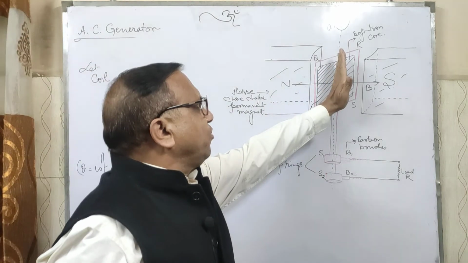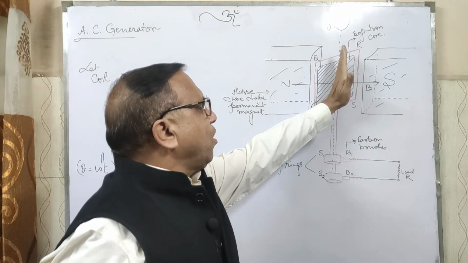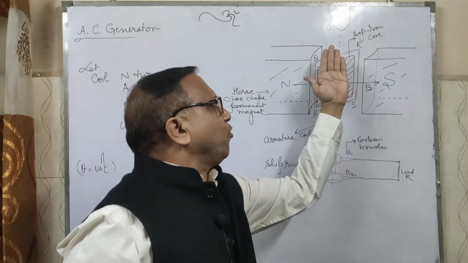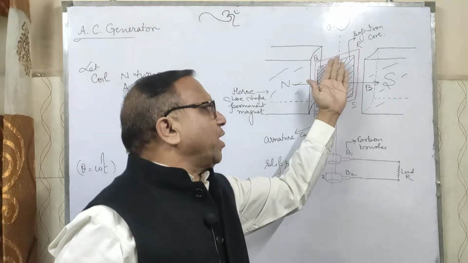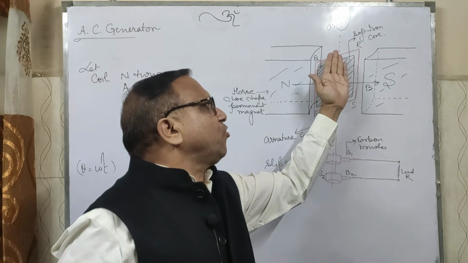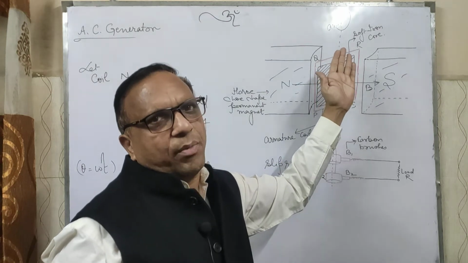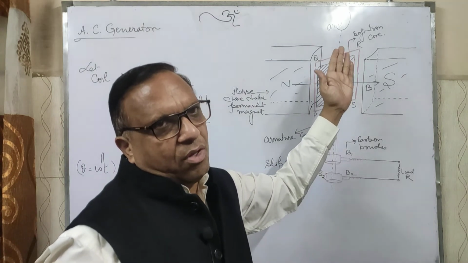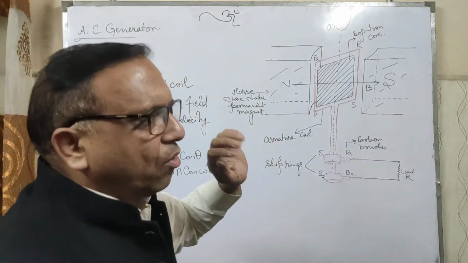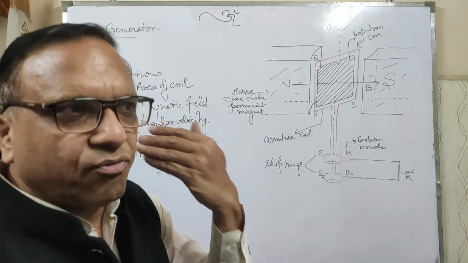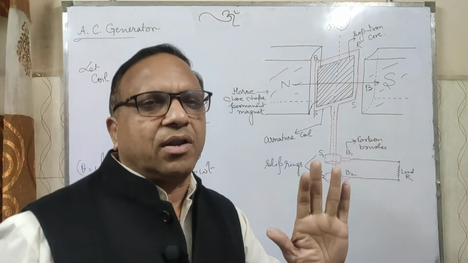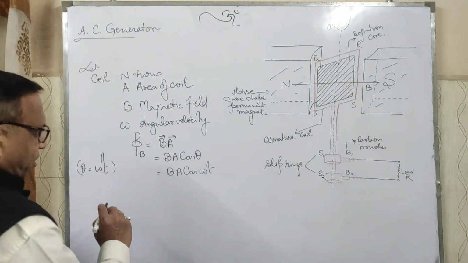At one position almost all magnetic field lines pass through it, and when the plane is in the direction of the magnetic field, or the normal to the plane is perpendicular to the magnetic field, a negligible amount of field lines pass through it. So from maximum to minimum in half a round it will change, and there is continuously a change in magnetic flux. Whenever there is a change in magnetic flux, an alternating EMF is induced.